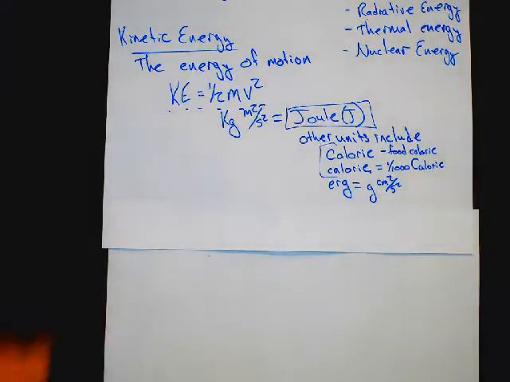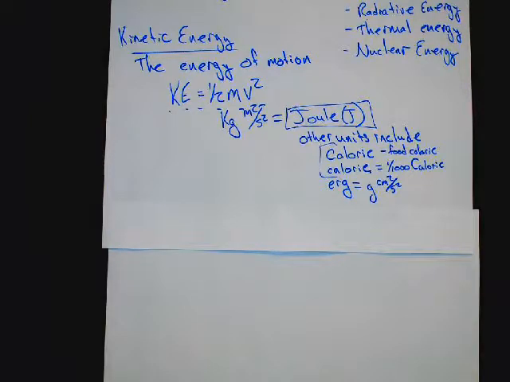Okay, so the kinetic theory of matter had a few different parts. First part about the kinetic theory of matter was that it stated all matter is made up of atoms. Okay, that's pretty simple. The next one was that all atoms are in constant motion. Okay, and the last part of it was that for atoms at different temperatures, the higher temperatures move faster.